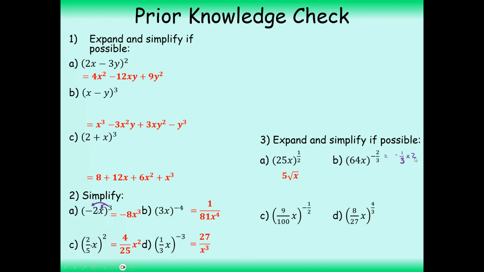Cube root of 64 is going to give us a 4, and then square it. The square of 4 is going to give us 16 in the denominator. Everything goes in the denominator because all of this is up in the numerator, and the negative power will send it to the denominator. For x, you could have written this as 1 over 16x to the power of 2/3.